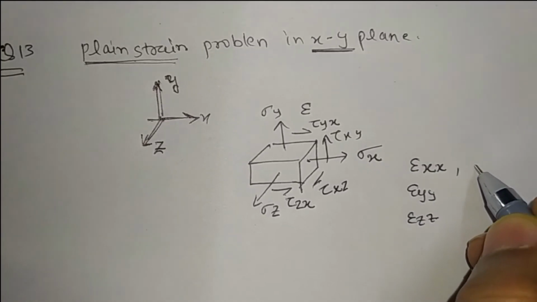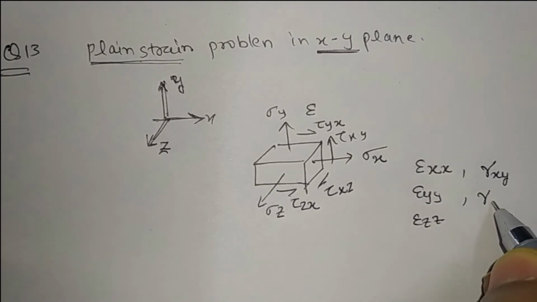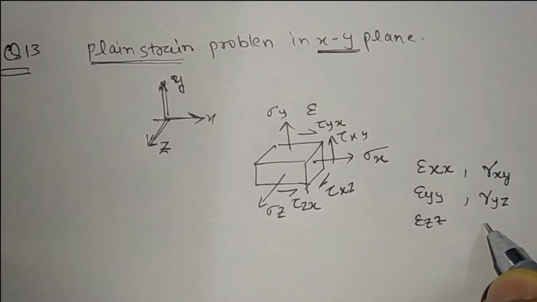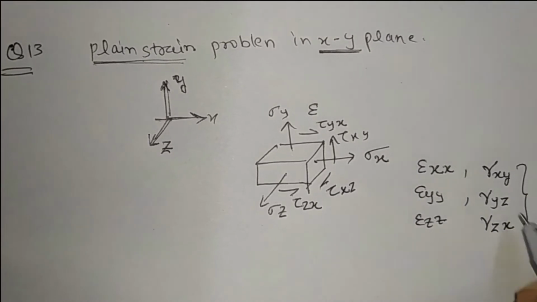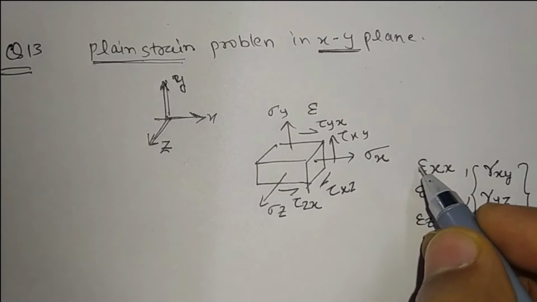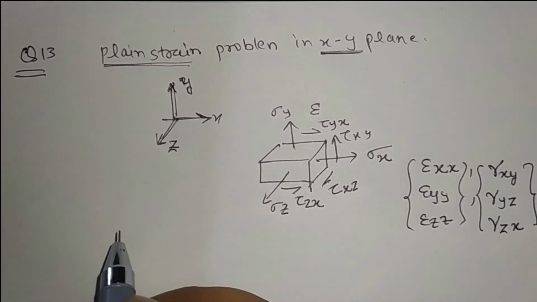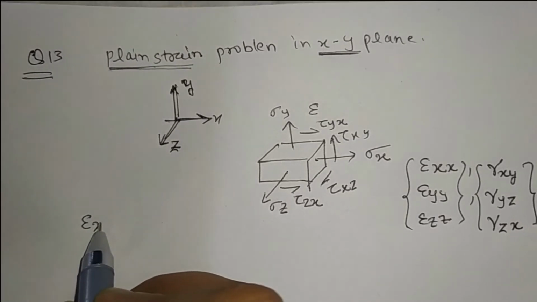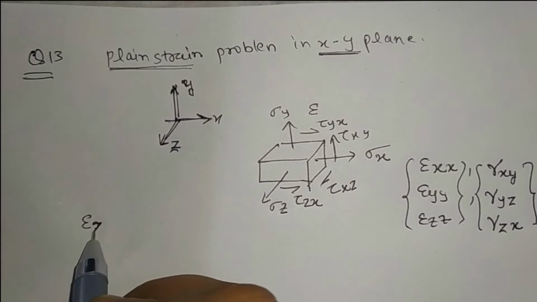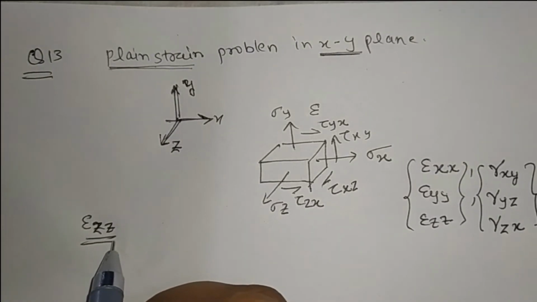And the shear strains xy, yz, zx. These are the shear strain terms, and those are the normal strain terms. In the plane strain problem, it means that the strain in any one of the directions, let's say z direction, is 0.